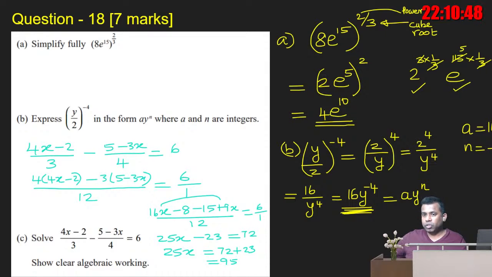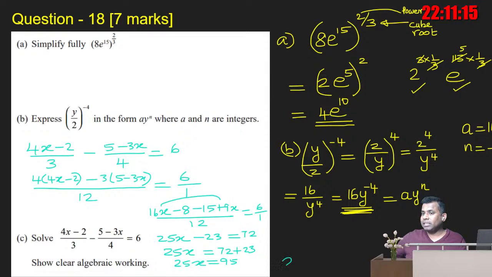Just in case I make any mistake, let me check quickly. 4 times 4 is 16. 4 times 2 is 8. And 3 times minus 5 is minus 15, and plus 3 times 3 is 9x. So 25x minus 23, and plus 23, 95, that is 25x.